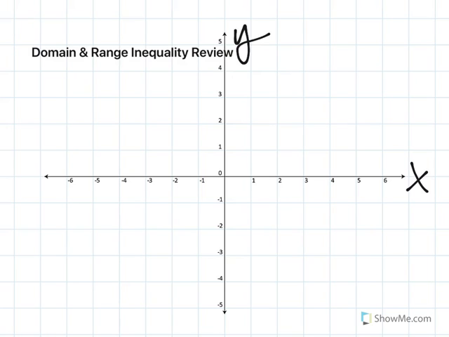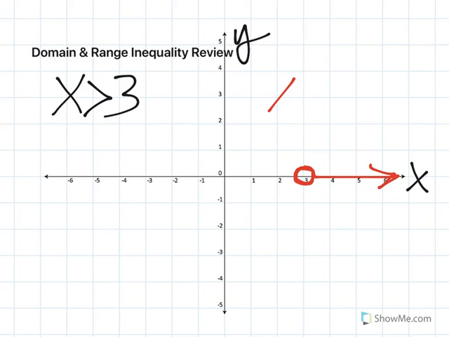If I say x is greater than 3, how do you put that on the number line, if you remember? I draw an arrow and say x is greater than 3. This has to be an open circle, which means x can't equal 3. It has to be everything greater than 3.